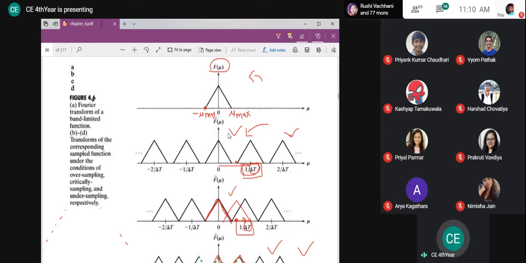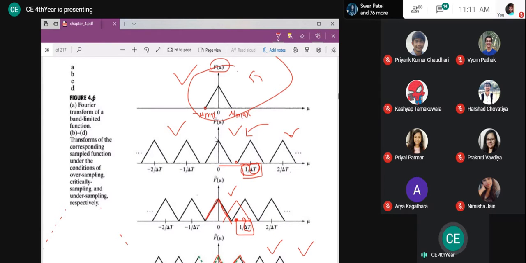Actually, what I wanted is that my function should be continuous and hence its frequency domain should look like this. But because of the limitation, I had to sample it and deal with the sample version. If I sampled, I obtained this. I wanted this one, but what I obtained is this. Right? So, is there any way to go back from this to this?